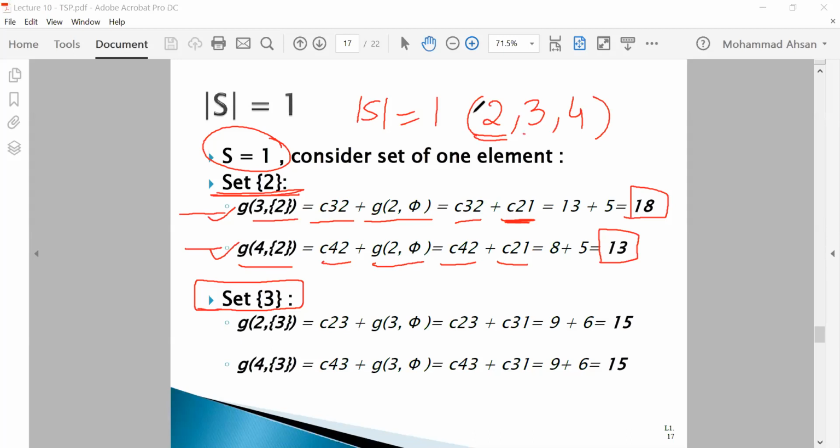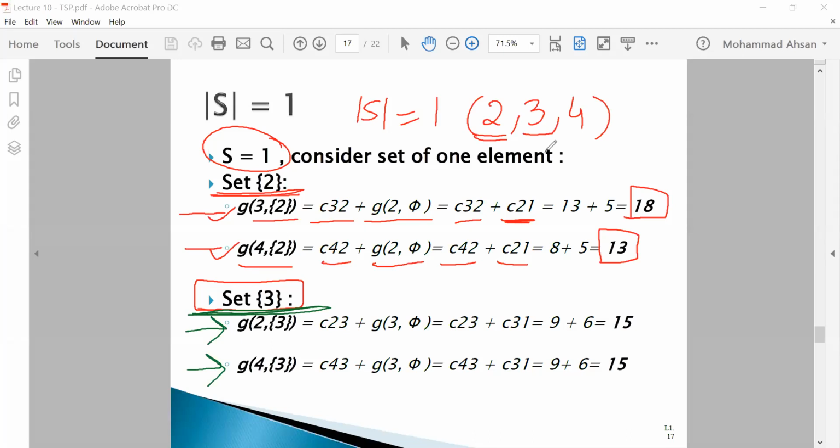If the intermediate vertex left is 3, I am talking of this part now. So 3 is the intermediate vertex. So you could go from 2 to 3, or you could go from 4 to 3.